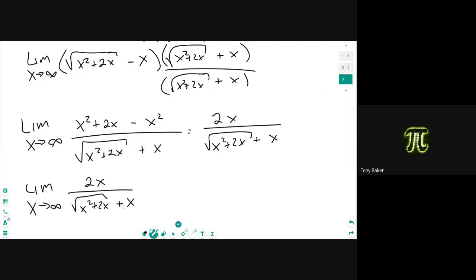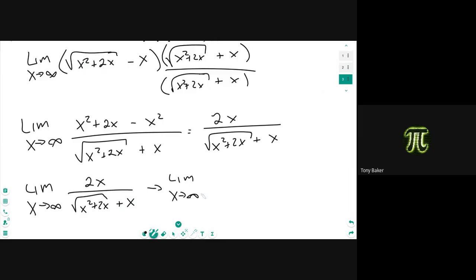You could do L'Hopital's rule with this one. But there's actually kind of an easier way. Actually, you know what? Yeah, let's just do L'Hopital's rule. The other way too. Yeah. So we'll do L'Hopital's.